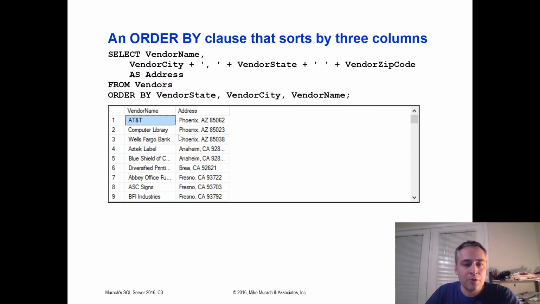So there is a variety of ways to order, and if you list more than one column to order by, you first order by the first column, vendor state in this case, then within the same vendor state, we order by vendor city. California is a great example here: first Anaheim, then Brea, then Fresno, and so on.